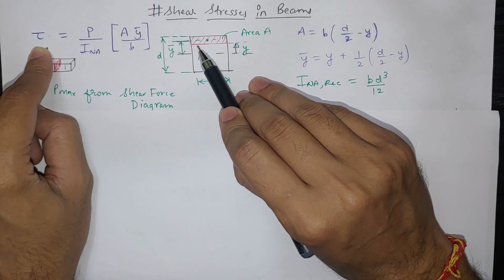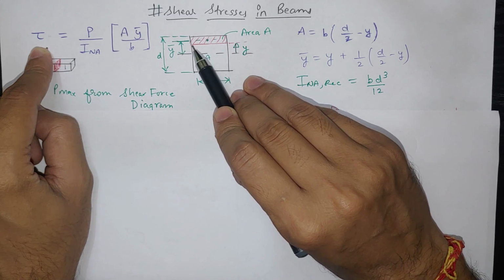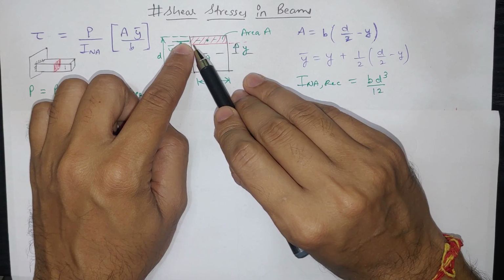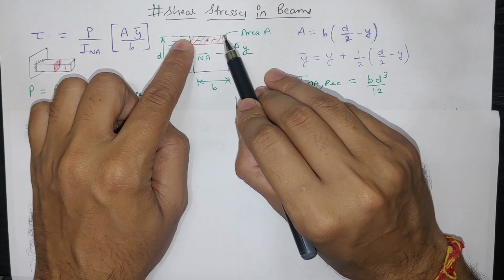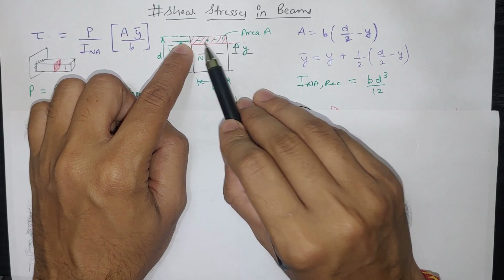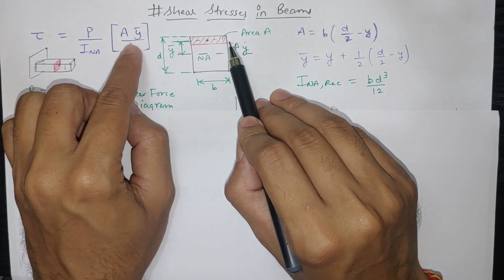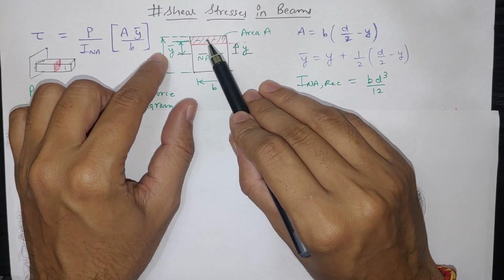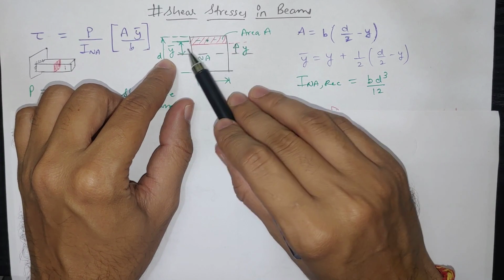Now suppose we have to find shear stress at this particular fiber. So we have to take the area from that point to the final edge from that line. So this particular shaded area will be the area value. Y bar is the centroidal distance of this particular area.